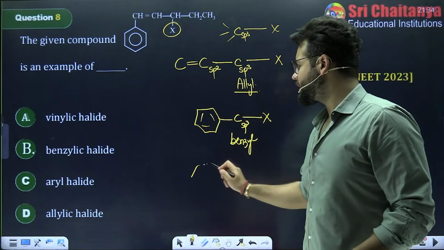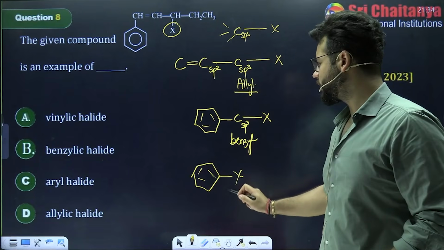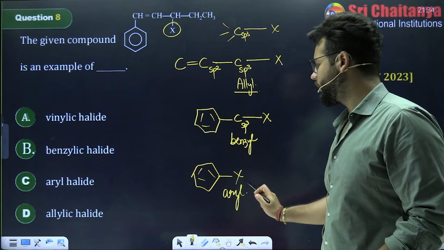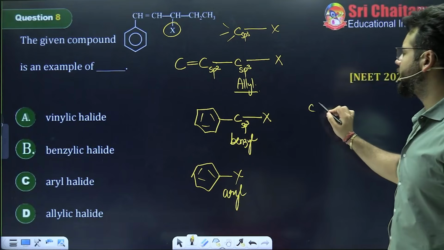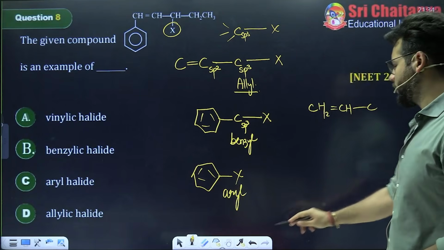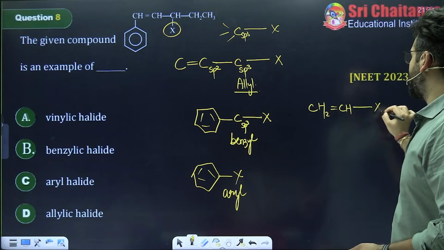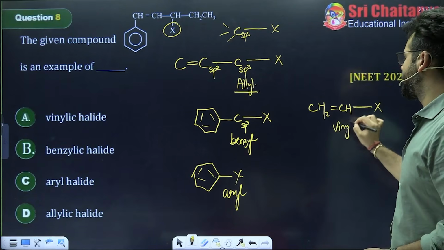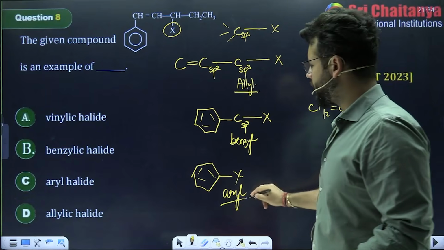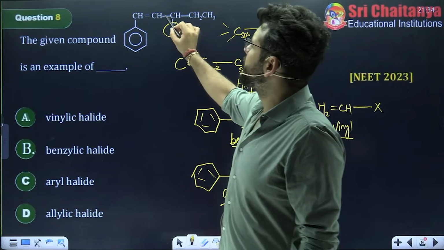When the phenyl ring is directly attached to the halide, this is called aryl halide. Similar to aryl, when the halogen is attached to an sp2 carbon directly, which are very unreactive for substitution reactions, this is called vinyl halides. Vinyl, aryl, benzyl, allyl. Accordingly, I can see here, this is sp3.